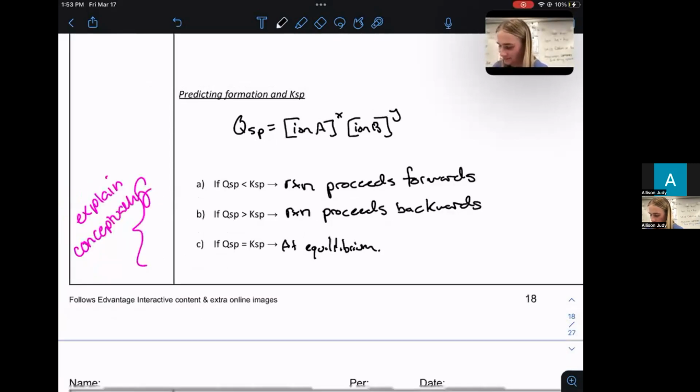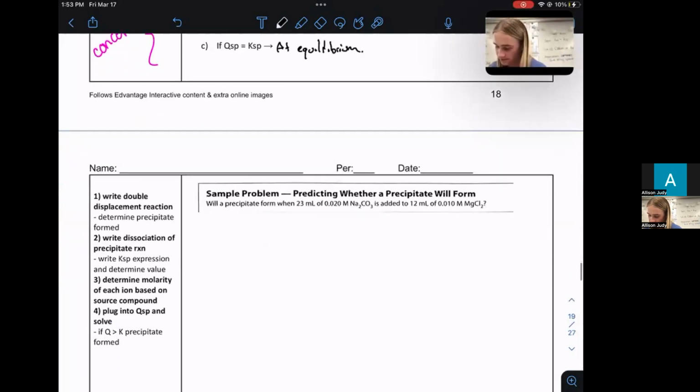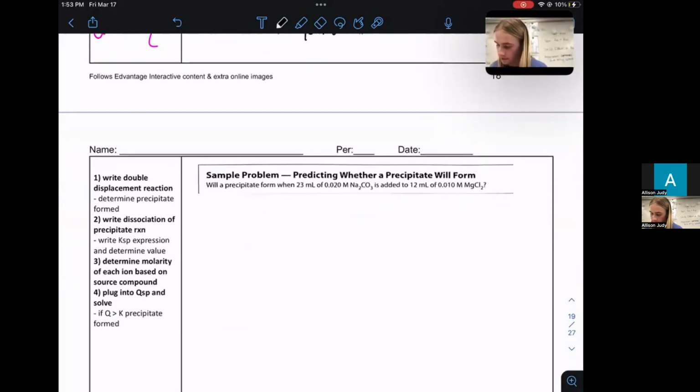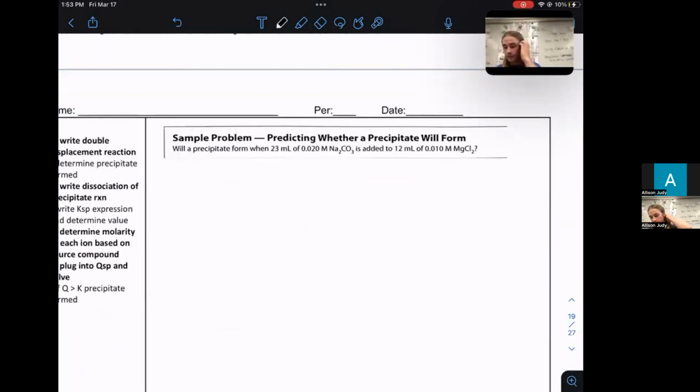Yes. Okay, so we can apply this conceptually to predict whether a precipitate will form. In this case, they're asking about combining two solutions, 23 milliliters of 0.2 molar sodium carbonate and 12 milliliters of 0.1 molar magnesium chloride. You've got to remember that the solutions will be diluted by the fact that you're combining them.